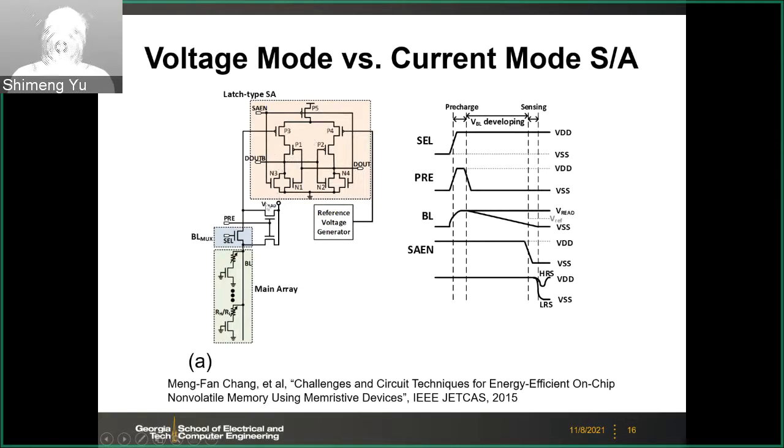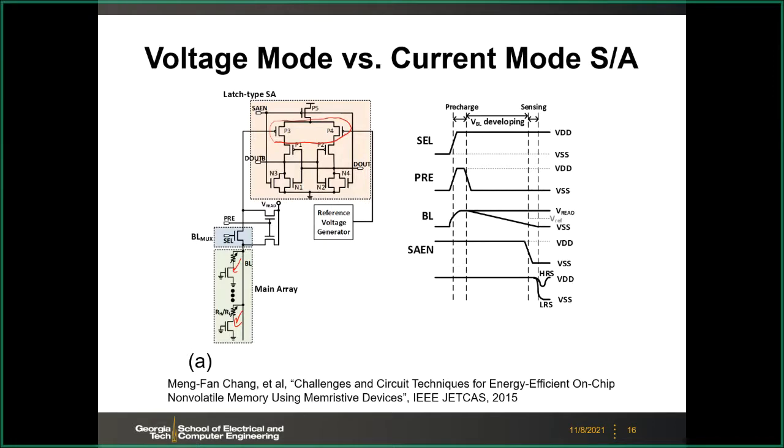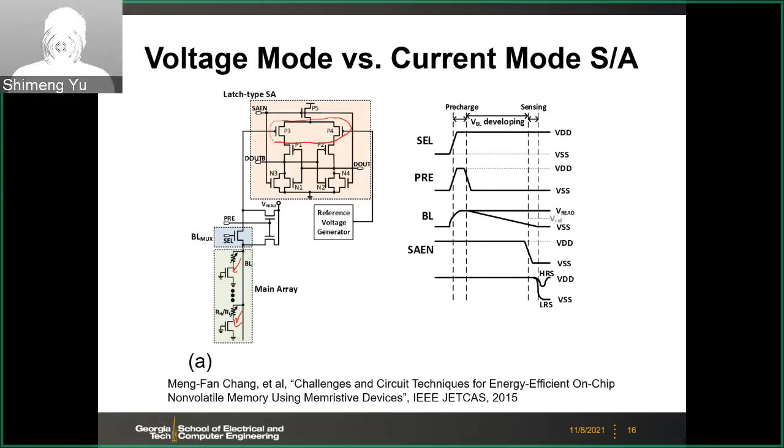And in this case, because the 1T1R will decay to the ground, in this particular example, if you look at this, it's a PMOS differential input pair, and then you have a PMOS current source attached to the VDD.